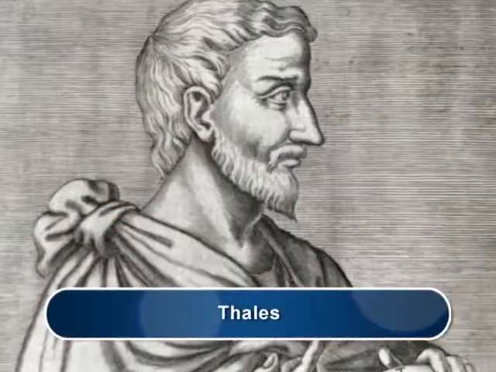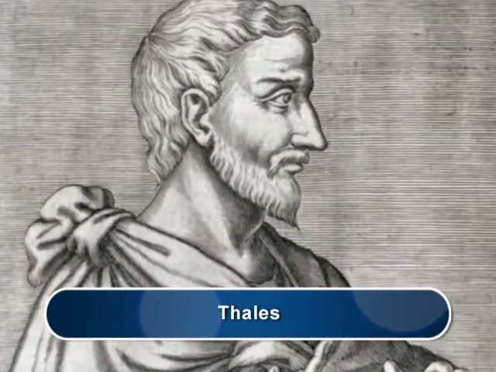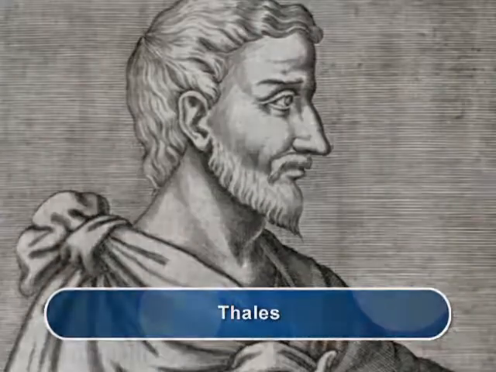One of the very first ideas was that there was only one element, water. This notion is attributed to a Greek philosopher called Thales. Now, what in the world might lead a person to make this kind of a suggestion? Well, of all the substances on Earth, water seemed to be in the greatest abundance.